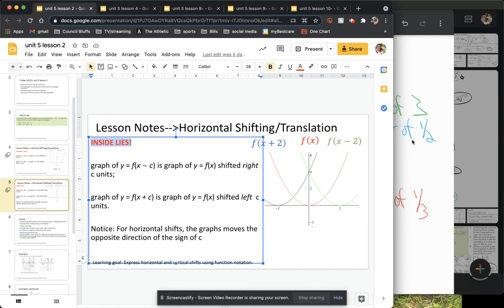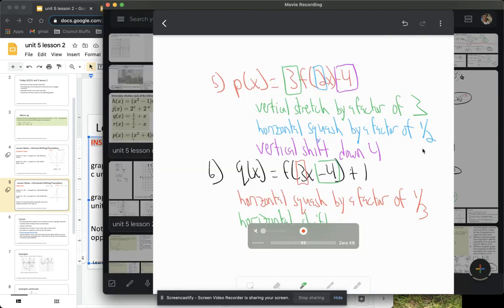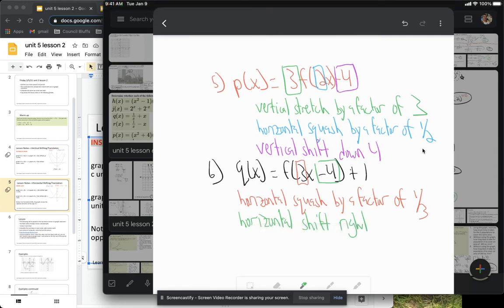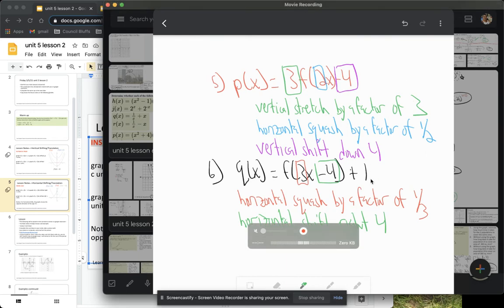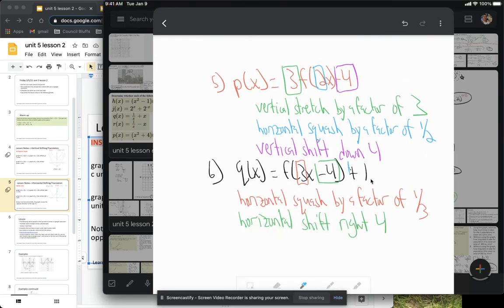So minus 4 would normally be left 4, but in this case, it's going to be the opposite of that, which is right 4. So horizontal shift right 4. And then the last one is the plus 1. So that's going to be a vertical shift. And remember, with vertical shifts, we don't have to do the opposite. So this will be a vertical shift up 1. So those are your 3 transformations for number 6.